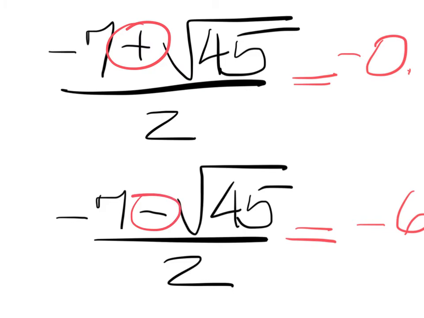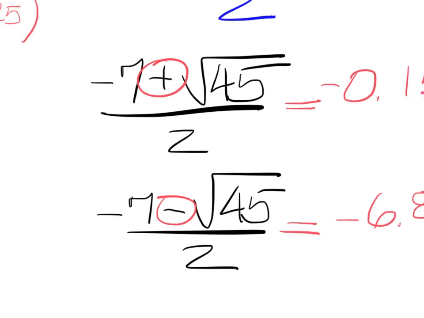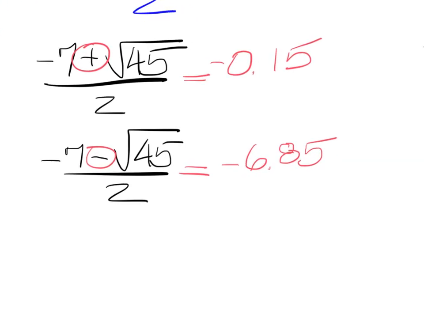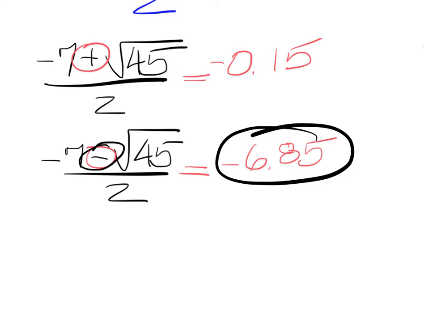When you work these out, you put negative 7 plus square root of 45 into your calculator and hit enter. Then hit divide by 2. If you do so, you'll come up with a negative 0.15. Same process for the one below it, except you use a minus sign and come up with negative 6.85.